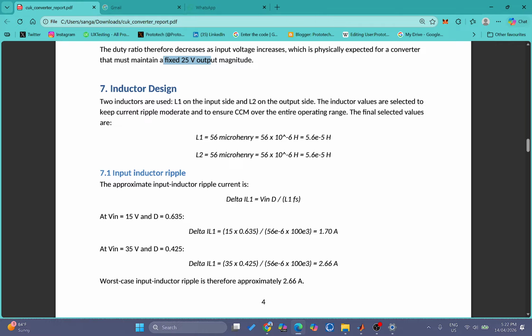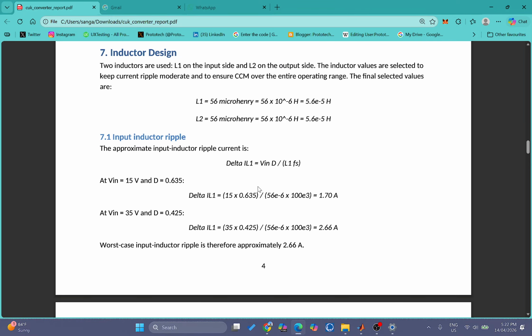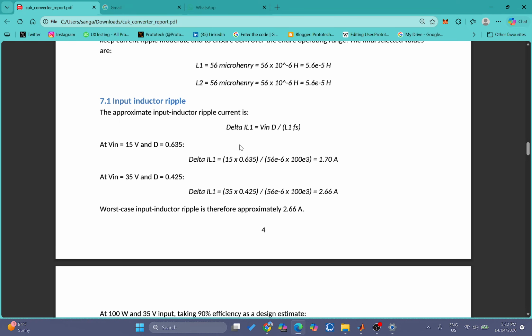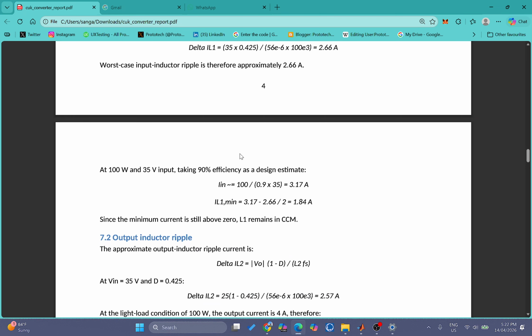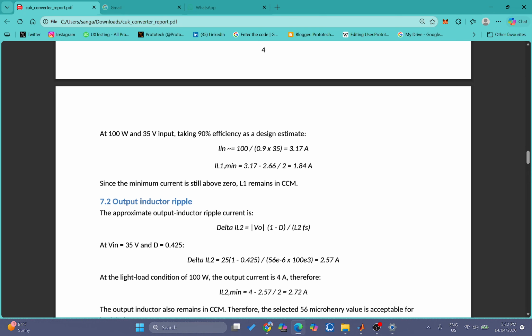Therefore, L1 can be approximately 56 microhenry, and L2 of 56 microhenry. The input inductor ripple, now we calculate here. I'm not going to go into detail.